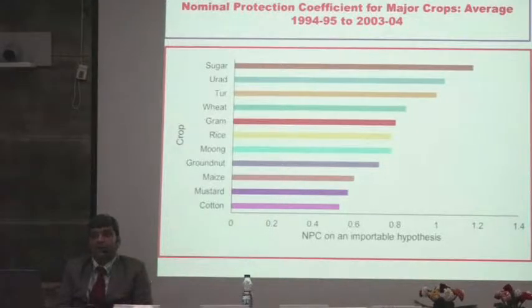A layman can think the import and export price will be the same, but for the same commodity we may be an exporter and an importer, and the export price is different from the import price. In the importable hypothesis, the import price is the world reference price. In the exportable hypothesis, the export price is the world reference price.